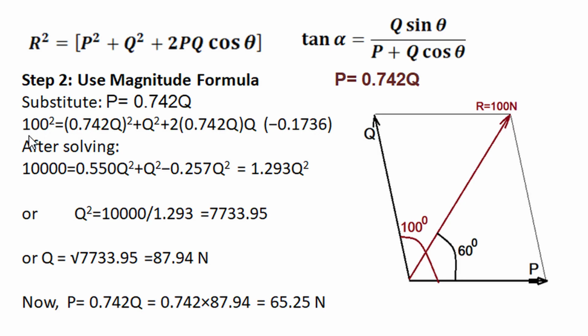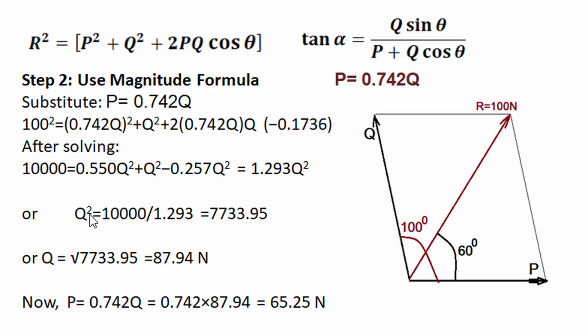When we solve, it is 100 square, 0.742 square is 0.55, Q square is as it is, and 2 multiplied by 0.742 multiplied by 0.1736 comes as 0.257, and the sign of this term is negative. So all terms have a common Q square, and when the numeric figure 1.55 is added and 0.257 is subtracted, it comes as 1.293 Q square.